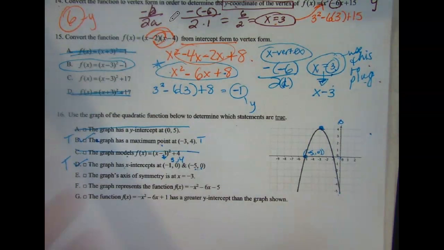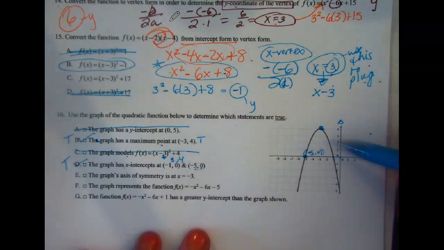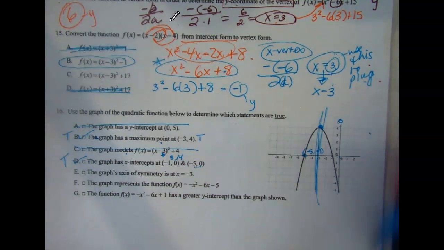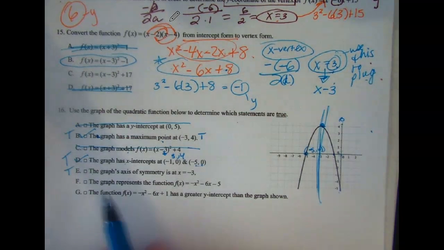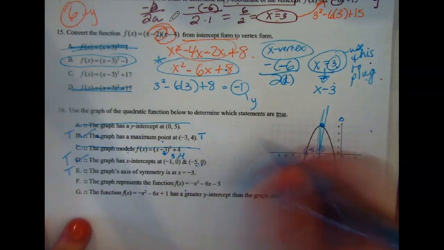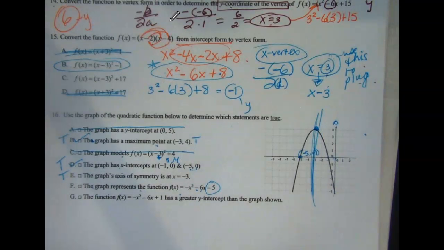The graph's axis of symmetry is at x is -3. So we go to the x-axis and look at, is that the axis of symmetry, so that would also be true. The graph represents this function here, negative x squared minus 6x minus 5. So I would look at a couple things to pick out.